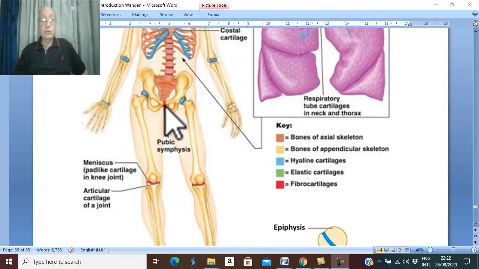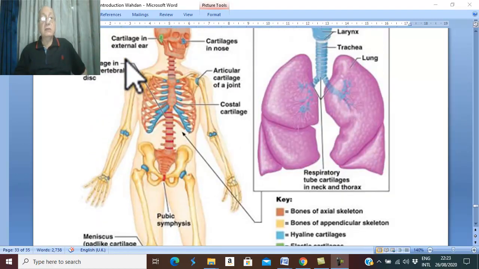Articular cartilage, all the cartilage in the joints that covers the articular surface, is hyaline cartilage. This blue is costal cartilage, and this cartilage is called the xiphoid process in the lower part of the sternum. The sternum is formed of 3 parts, and the lower part is cartilage called the xiphoid process.